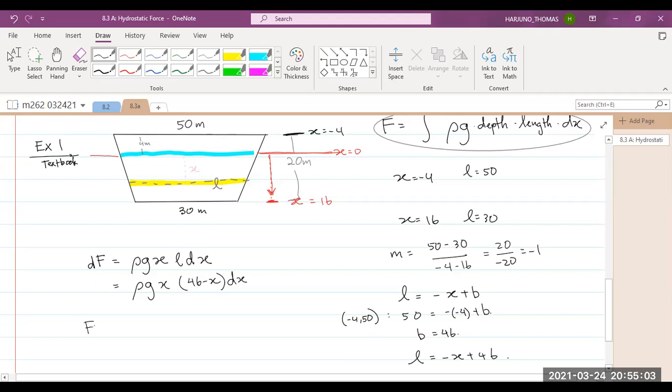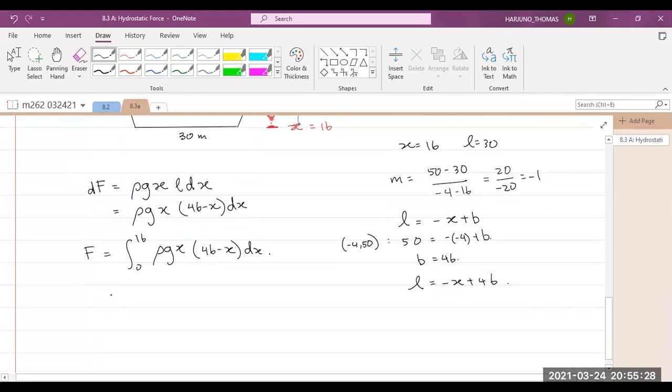So the total force will be the integral from 0 to 16 of rho g x (46 minus x) dx. Now in my class and in my test, when I ask you to compute this, you can leave your answer in terms of rho g. So just get the numbers, but leave your rho g, the density times the gravity.